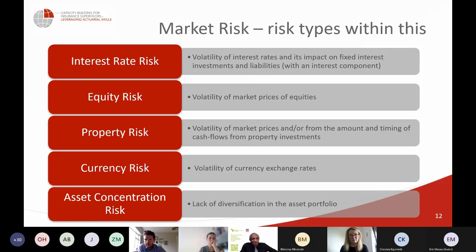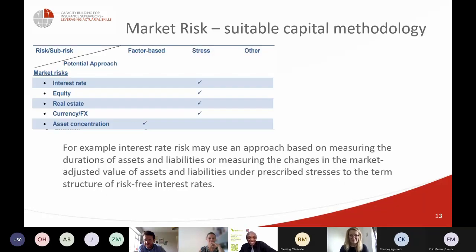So I think we might be running out of time on this. This is a very interesting discussion. But just to bring this home, there are different approaches in which this particular risk can be looked at. And when you talk about market risk, what comes to mind is stress testing.